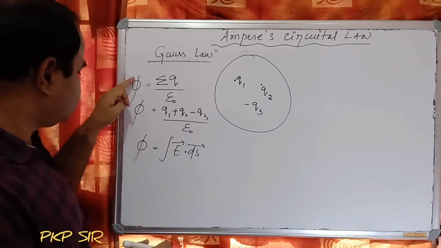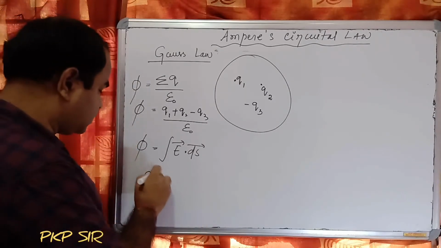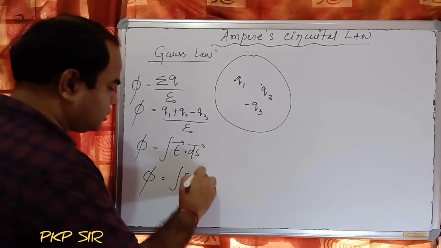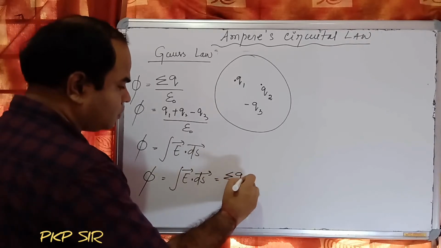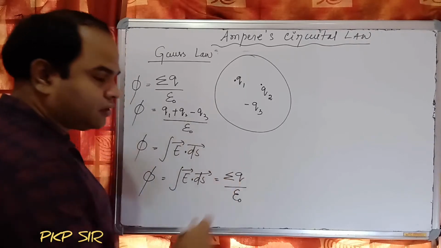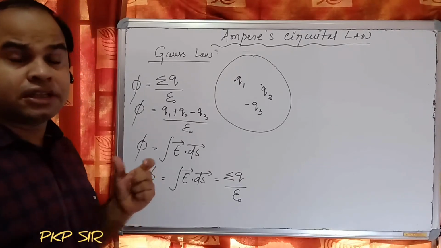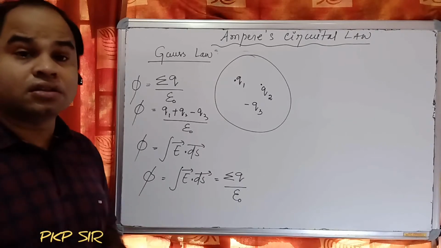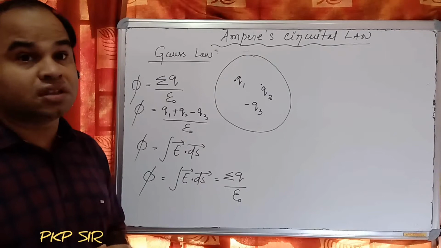From these two, we can write that the integral of E dot ds is equal to the summation of q divided by epsilon naught. When we talk about Gauss law, we take a Gaussian surface, which is a closed surface.